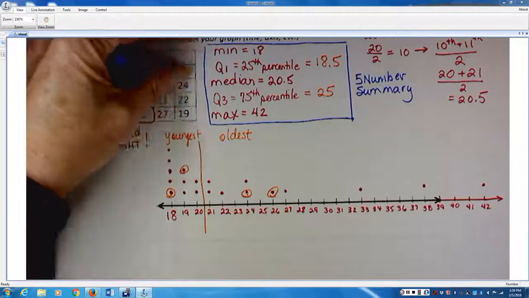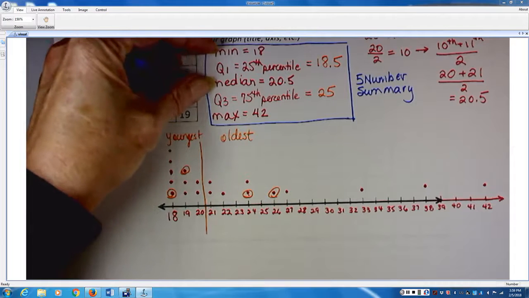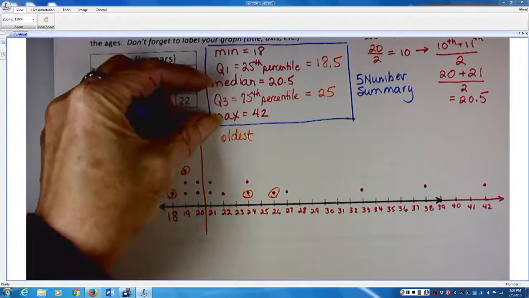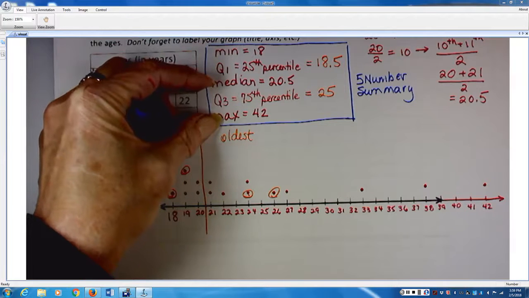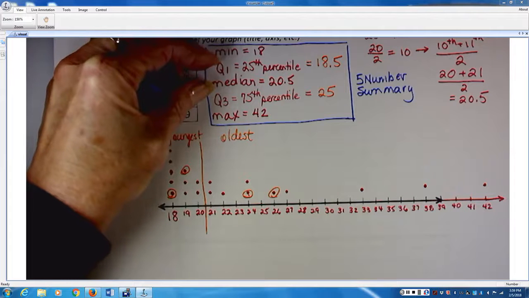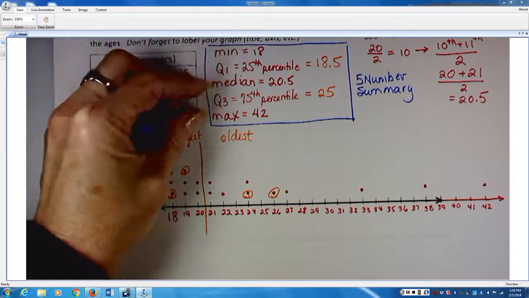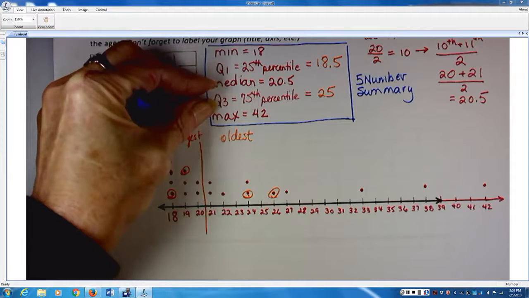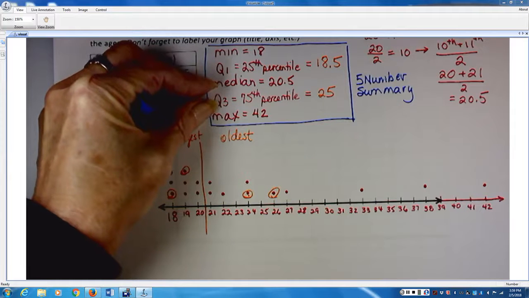And it tells me that half of my students are between 18 and 20.5. Half of them are between 20.5 and 42. 25% of them are between 18.5 and 20.5. And 25% of them are between 20.5 and 25.